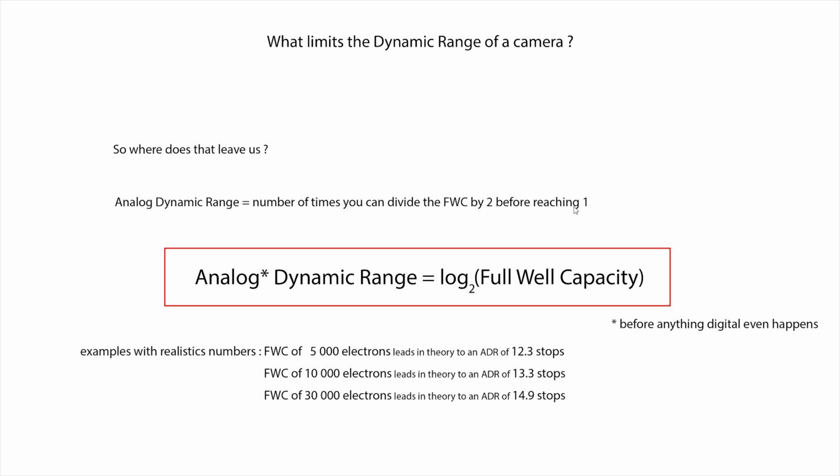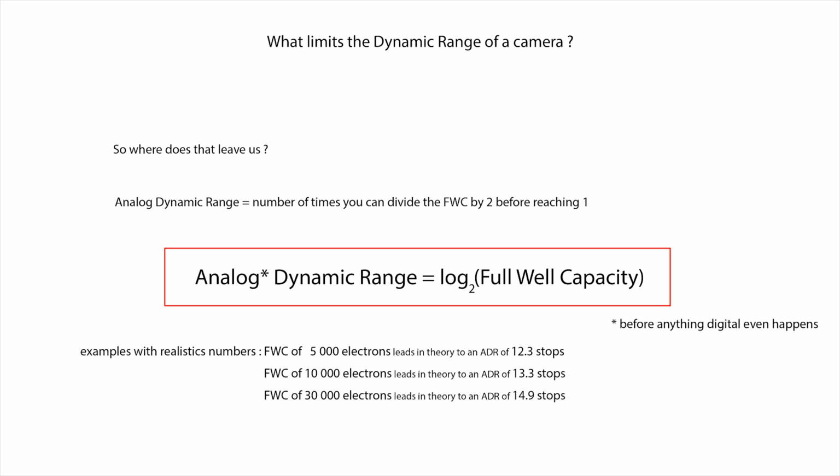And we have an operation for this, it's actually log base 2. Log base 2 of a number is equal to how many times you can divide that number by 2. So as a quick reminder, I call it analog dynamic range because it's a first limitation that occurs before anything digital happens in the sensor, in the capture of our image.